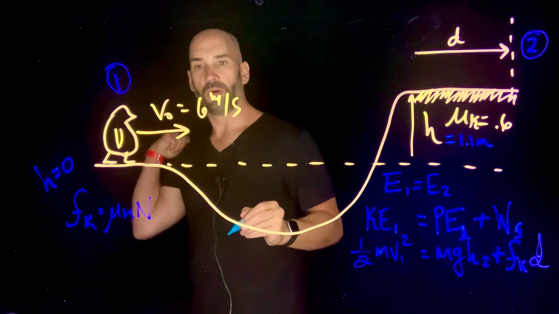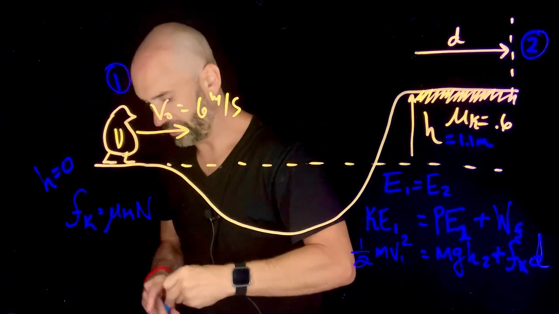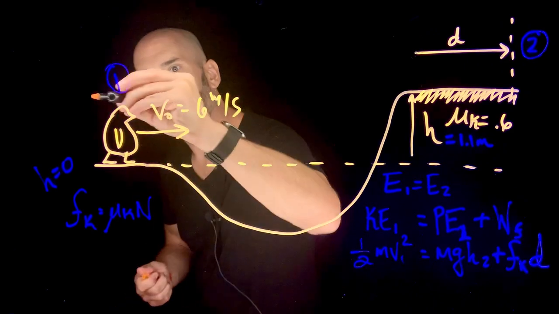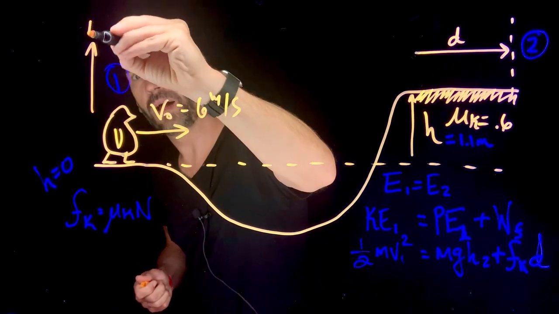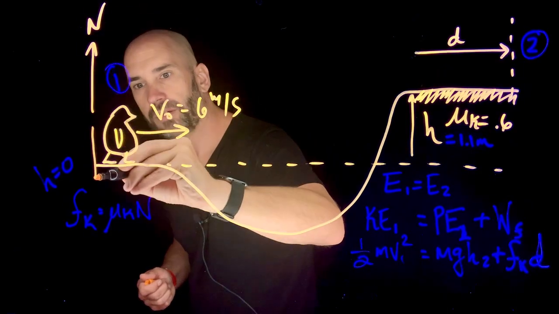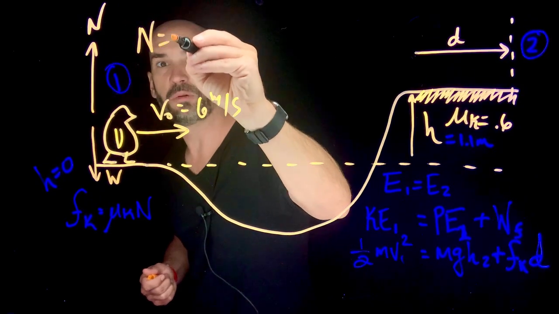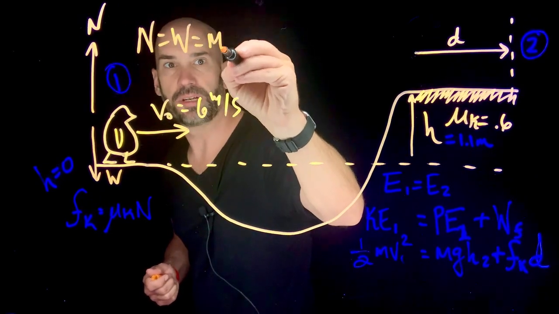And we also know there's no other forces acting on the object, so we have, use another color here, normal force pointing up, right? And we have weight going down. So this is one of those cases where the normal force is equal to the weight, which is equal to mg. Okay?